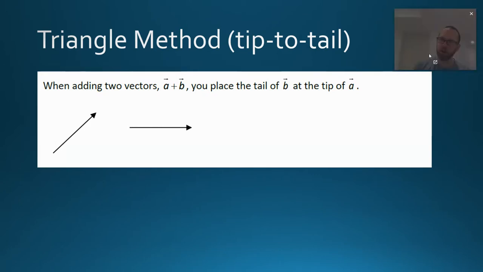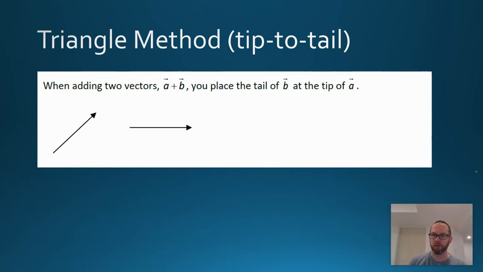So I'm going to share with you 2 methods for adding vectors together. The first is what I was taught in high school, which is what I primarily use, the tip to tail method or the triangle method. So let's say you had 2 geometric vectors A and B. To add those 2 together, vector A is first, and this does matter.